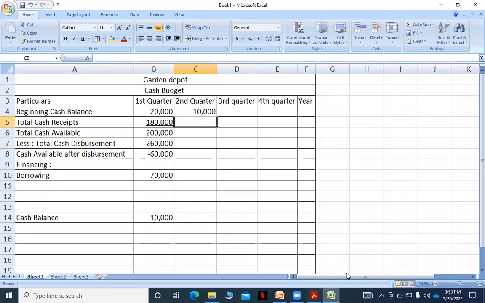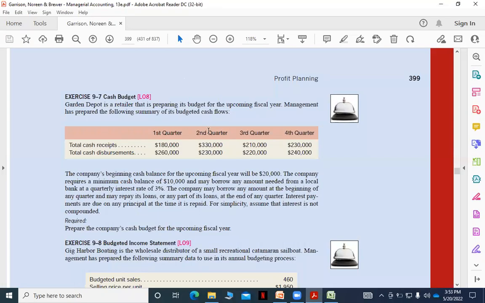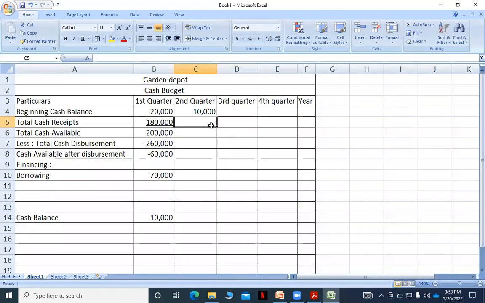Now you'll go back to the question again. See, for the second quarter, total cash received is how much? কত আছে এখানে? 3,30,000. 3,30,000, right? So you will write on the second column 3,30,000.